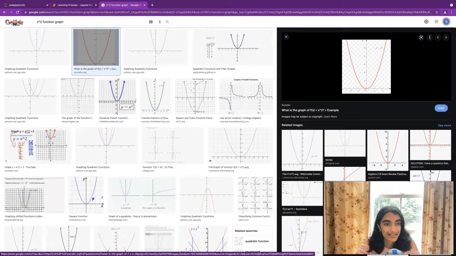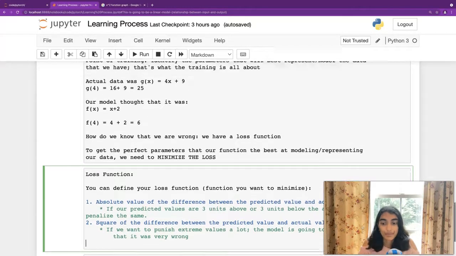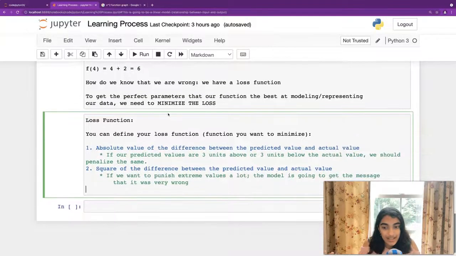So it has a horizontal tangent at the bottom. This is going to play an important role because we are going to be using derivatives and gradients to minimize that loss and to optimize our performance and our function.